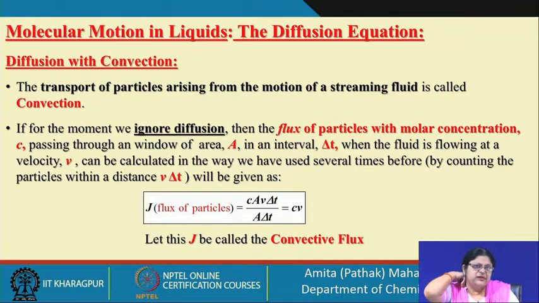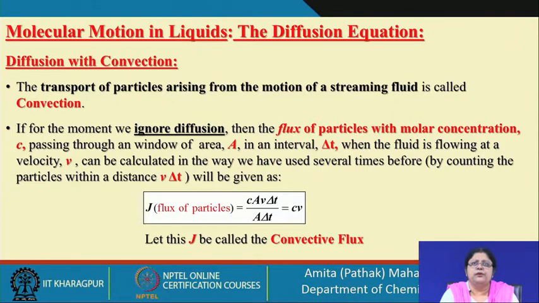So, we had talked about how we derived the diffusion equation in the lecture just now. We had talked about Fick's law of diffusion and how it describes the movement of the particles. Now, suppose the diffusion is not through Fick's law.